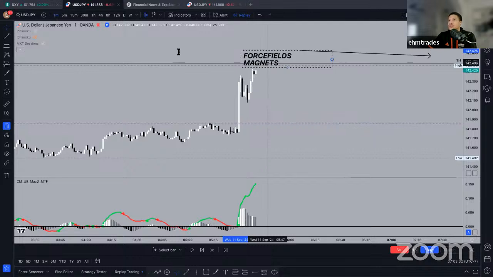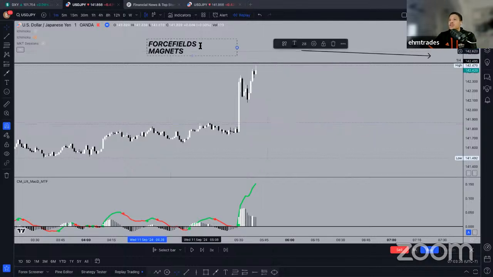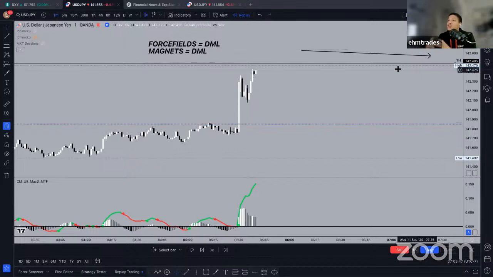Decision-making levels, excuse me, act as force fields, and they act as magnets, meaning they pull price to them and they keep price from breaching them, right?